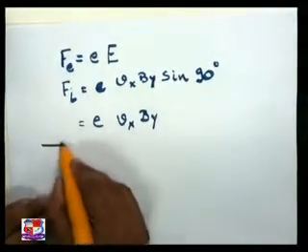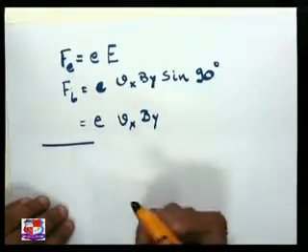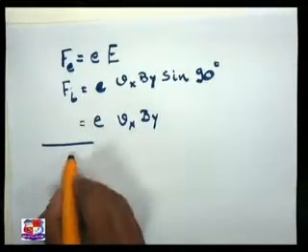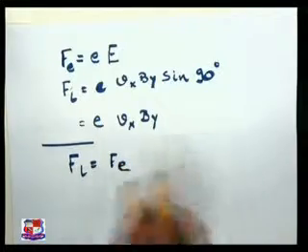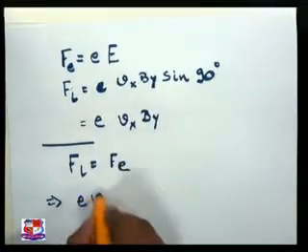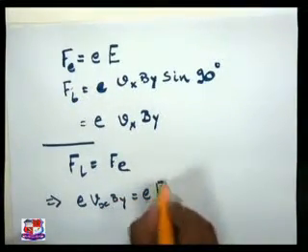Now at the equilibrium condition, when the charge separation has occurred and the event is finished, we will have FL equal to Fe, and due to that we will have e Vx By equal to eE.